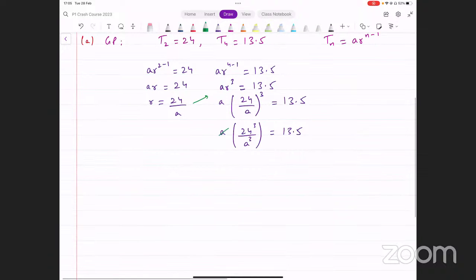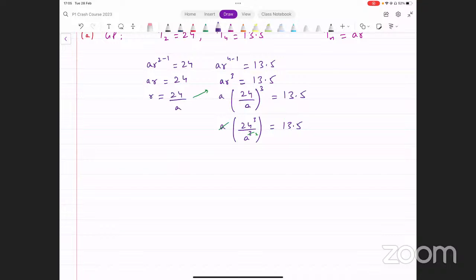Now, this A gets cancelled with one of these powers of A. So we have 24 cube over A square here. We could take A square to the right side. That leaves us with 24 cube over 13.5 equal to A squared. And now we could take the square root and get the value of A from that.